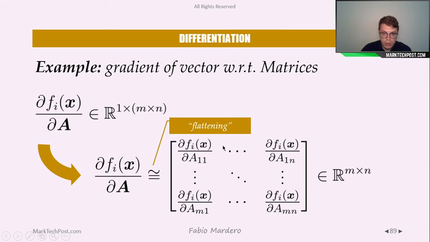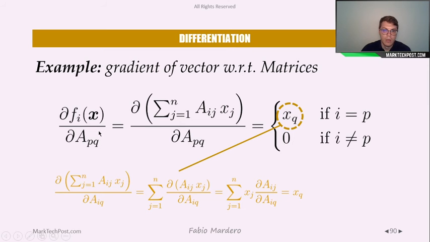Now we want to compute the result of all of these elements, all of these partial derivatives, which are actually numbers now, because this is a scalar and this is a scalar. fi is expressed as the multiplication between the ith row of the matrix A and the vector x. With this in mind, we have to compute the partial derivative.